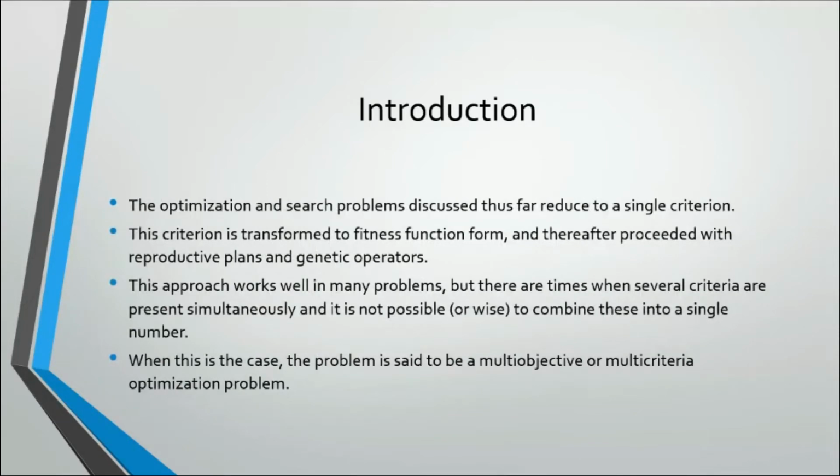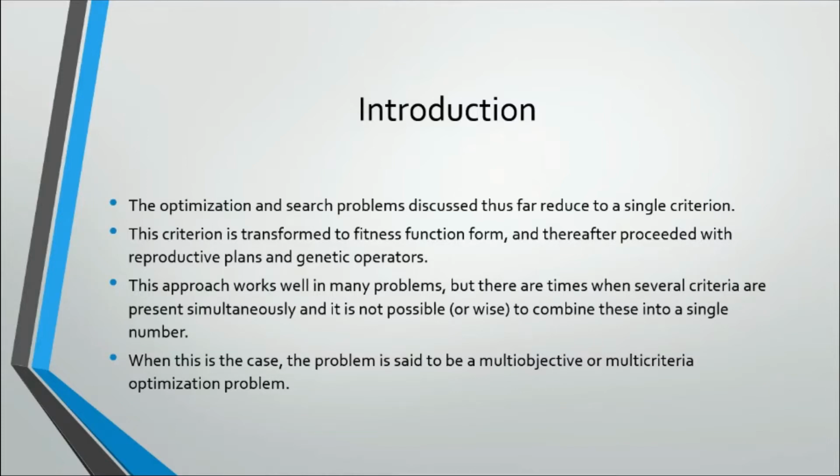Now, till now what we have discussed is optimization as well as search problems having only a single criterion. In all your course project examples also, there was only a single objective, or a single criterion. The criterion can be either maximization or minimization, but there was only one criterion. And then this particular criterion is transformed to a fitness function.